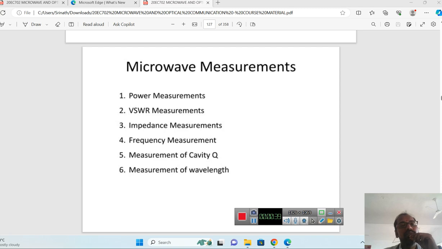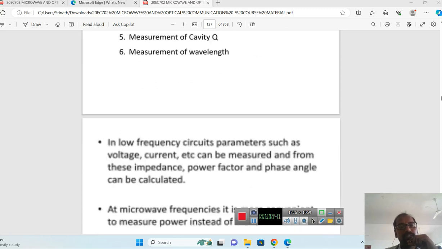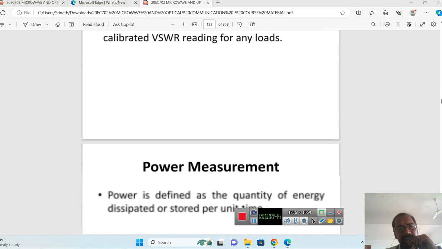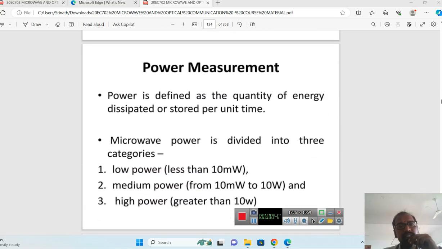The first topic we see is power measurements. Usually, for measuring power, we calculate the voltage and the current, and by using the formulas, we directly find the power. In low frequency ranges, we find only the voltage and the current, and from those, we can easily find the power.